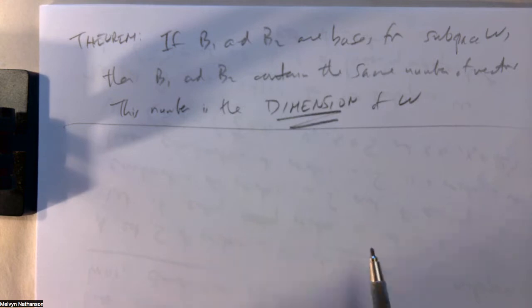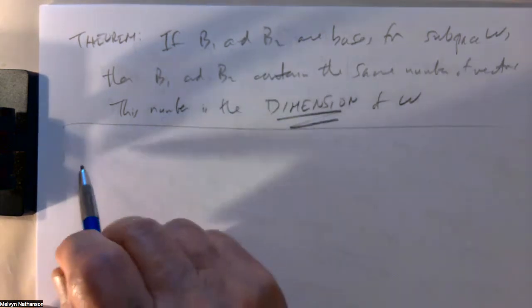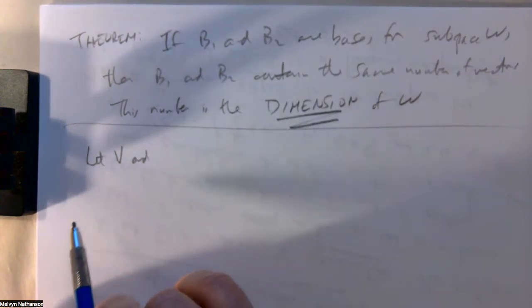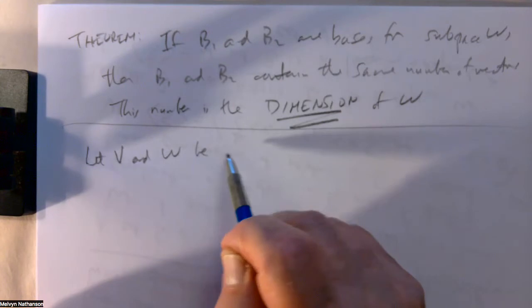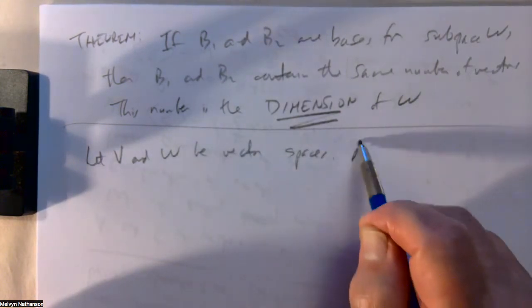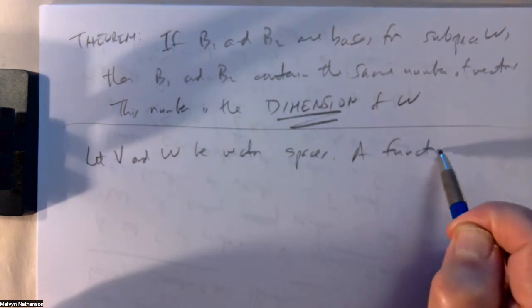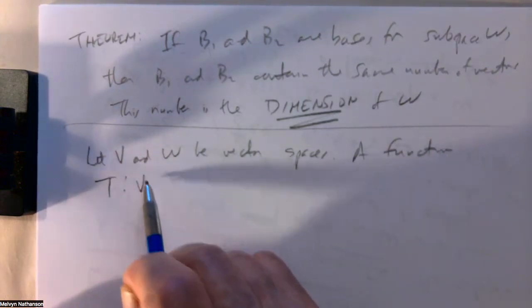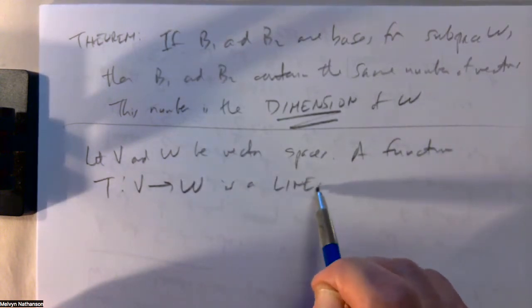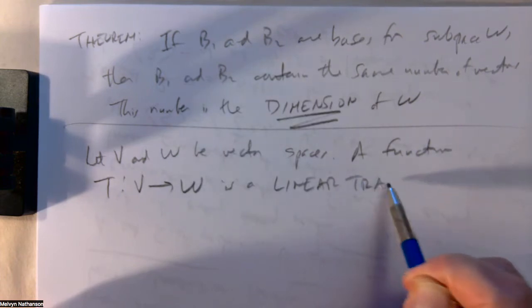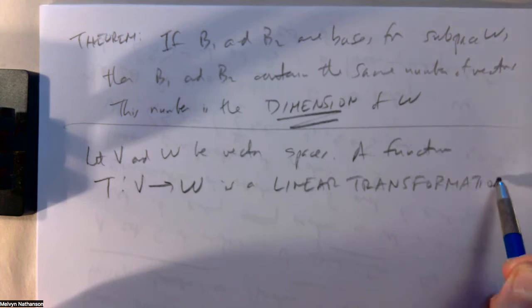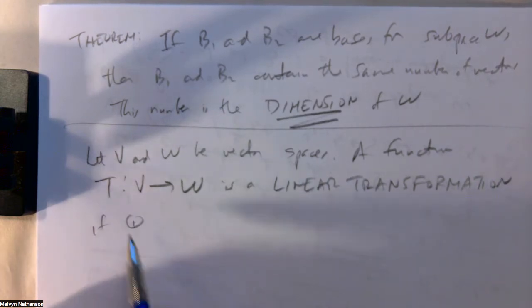Now we want to consider functions from one vector space to another. Let V and W be vector spaces. A function T from V to W is called a linear transformation if it satisfies the following two properties.